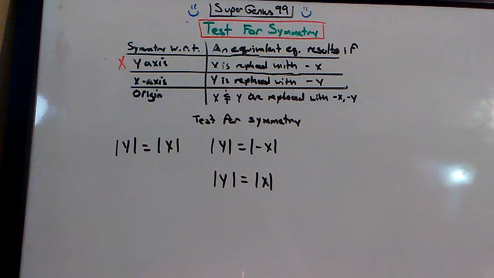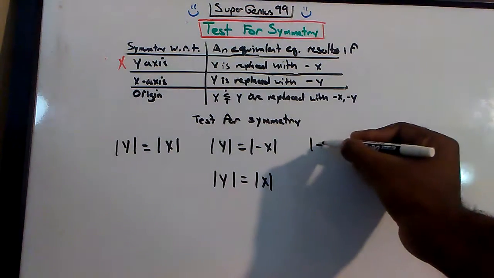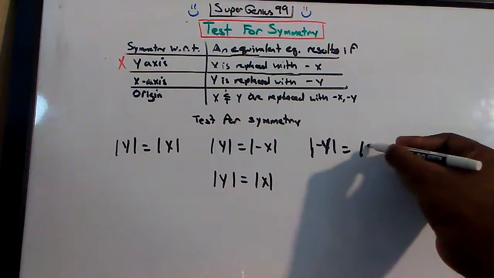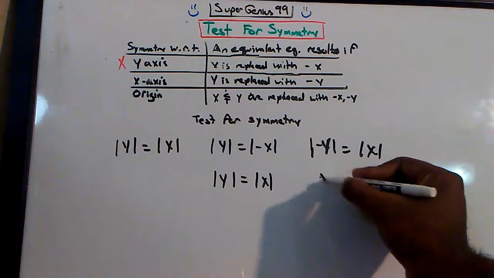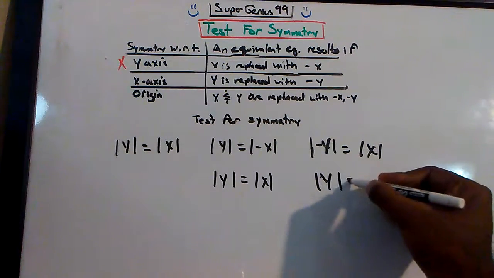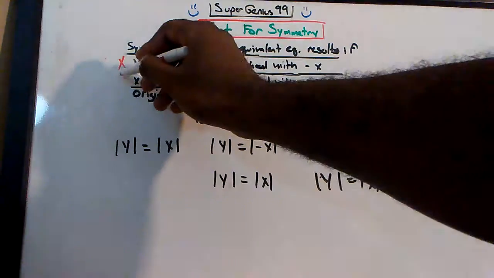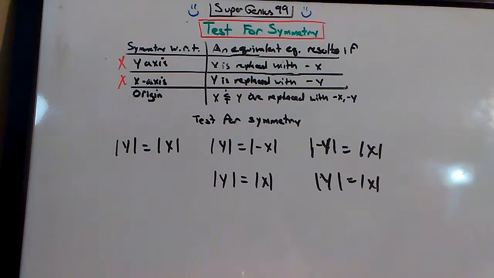Okay. All right, so how about symmetry to the x-axis? Well, replace y with the negative y. That just simplifies that. And so that's true. And I think I said the shortcut backwards, but I'll say it right this time.